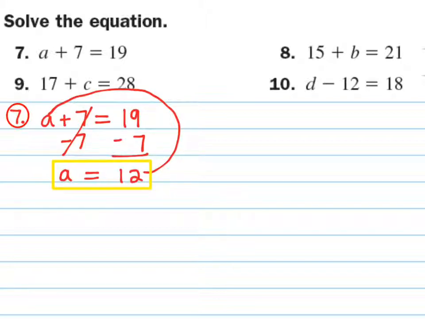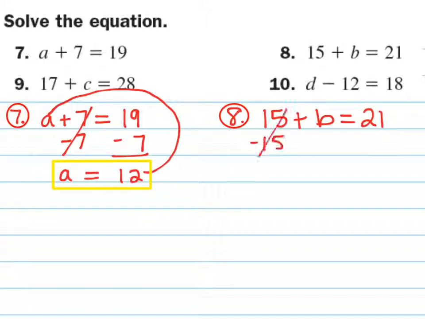Now on number 8, we're going to write the equation of 15 plus b equals 21. Now we want to isolate the variable. Once again, we want to get b by itself. And so in order for us to do that, we got to do the opposite of positive 15. And the opposite of positive 15 is negative 15. So we do its opposite, subtract 15, or negative 15.